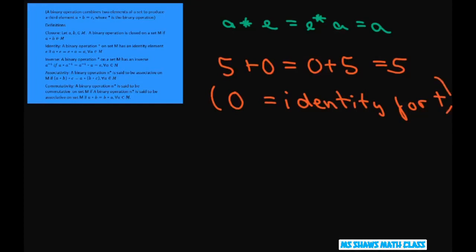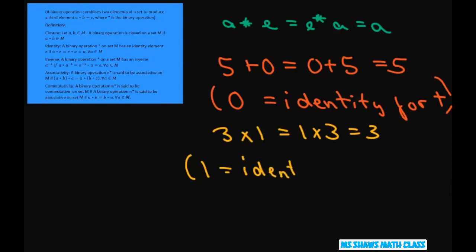And then for multiplication, we have 3 times 1 equals 1 times 3 equals 3. So 1 is the identity element for multiplication.